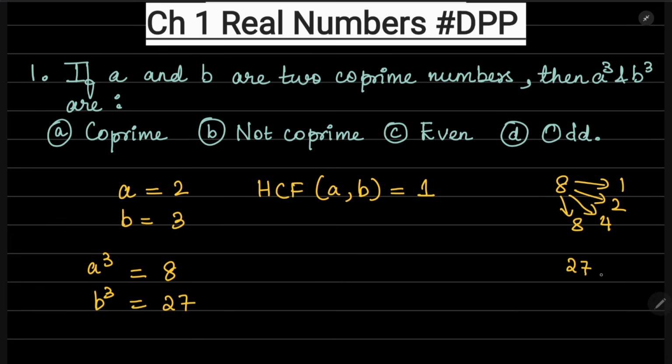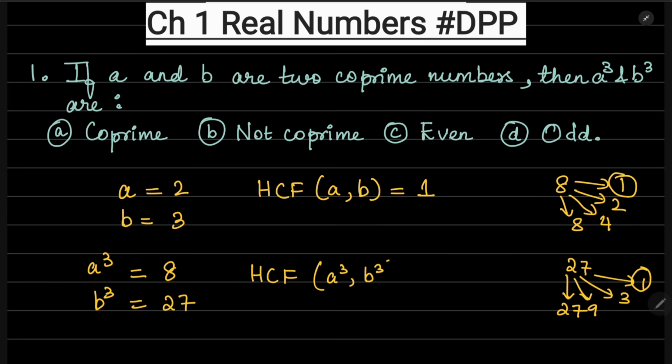For 27, what are the factors? You have 1, you have 3, you have got 9, and then you have got 27. Right? These are the factors of 8 and 27, so which is the only common factor? Again 1. So 8 and 27 are also co-prime numbers, and if you take the HCF of A cube and B cube, that is also 1.